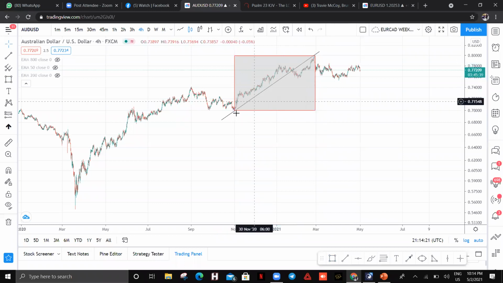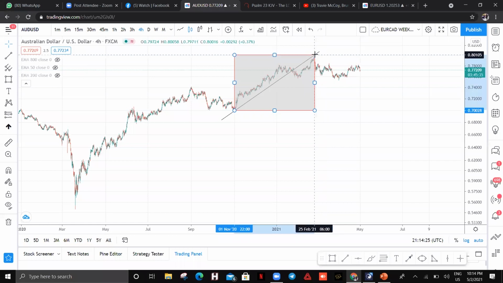So the longer time frame is just to help you know the trend of the market. The lower time frame helps you with entry. You have a good entry and a good risk to reward ratio.